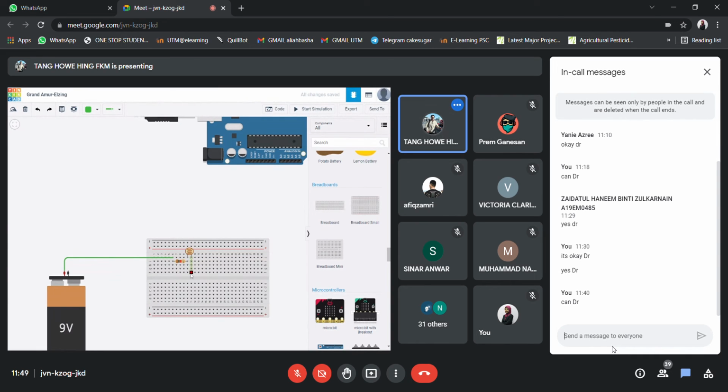Output from this photodiode I return to the battery. This one is black, and this one is red.